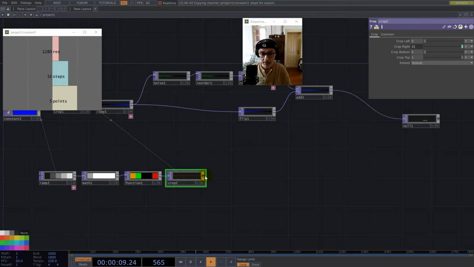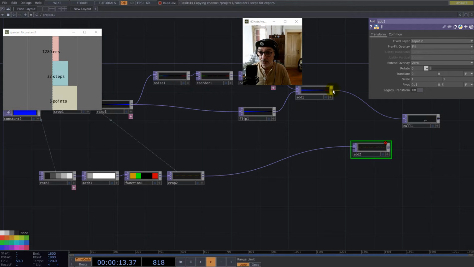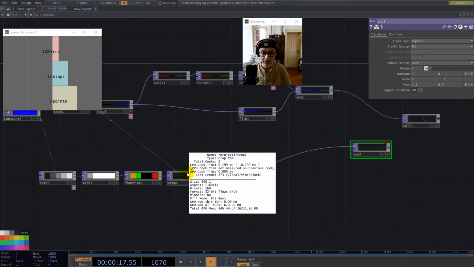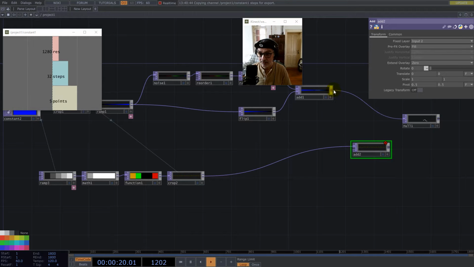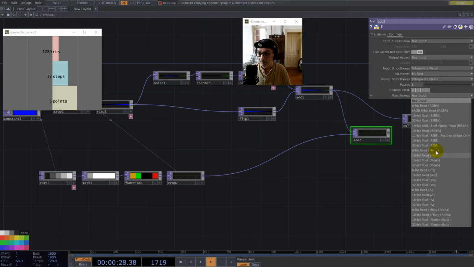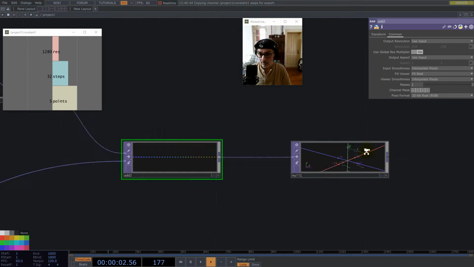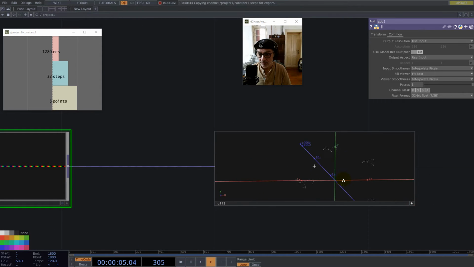And yeah, just let's see if we add those two together. Let's switch the order, because this one is 32, this one is 160. Okay, so let's switch here. The bottom one is RG only, so I set this add to take RGB. Okay, and now we have this, which is not bad yet.